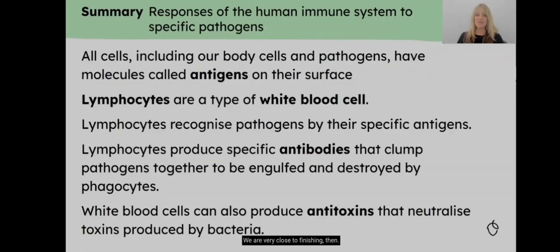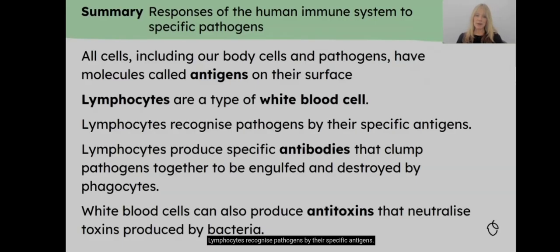Okay, we're very close to finishing then. And what I'd like to do is just go over those key learning points from today. So all cells, including our body cells and pathogens, have molecules called antigens on their surface. Lymphocytes are a type of white blood cell.